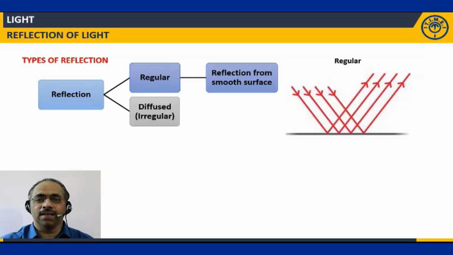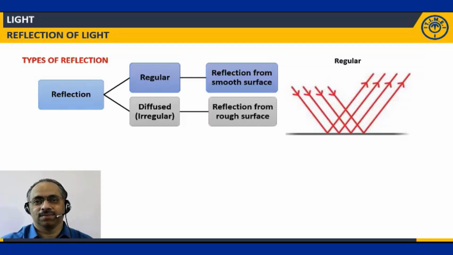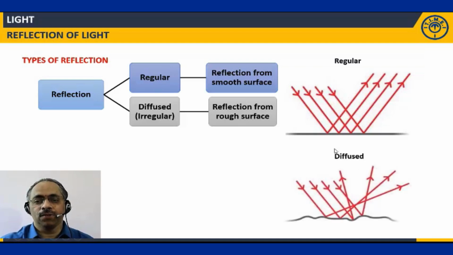So this can occur from any other surface which is not smooth and plane. Okay, so an example, if you consider this one, here the incident beam of light is parallel. But what about the reflected beam? The reflected beam is not parallel. Clear?